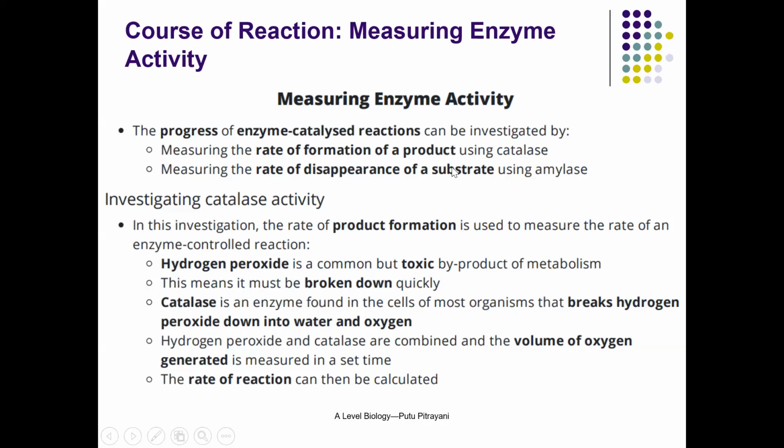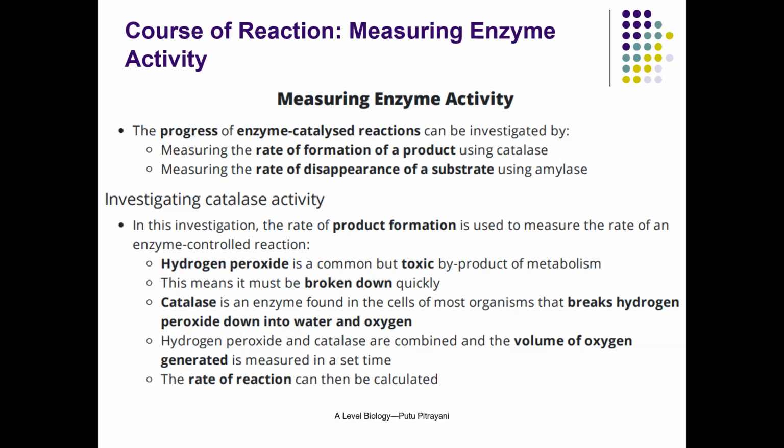Okay, so for measuring the rate of product formation, we can use the enzyme called catalase to learn about this. Before I explain about catalase, I will tell you that our body and some organisms' bodies produce a substance that we call hydrogen peroxide, which is H2O2.